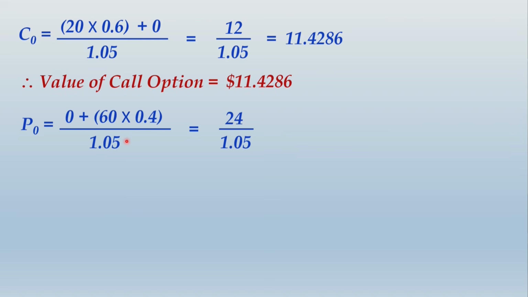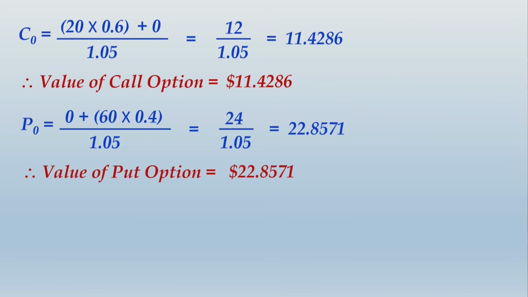So 24 divided by 1.05 is 22.8571, that is the value of put at present. So we got the value of put option as $22.8571. Now this was one part of the solution.